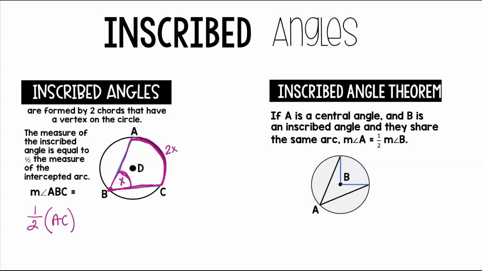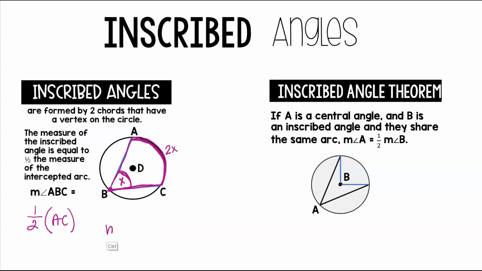We could also say that the measure of arc AB is equal to, sorry, it's not supposed to be arc AB.